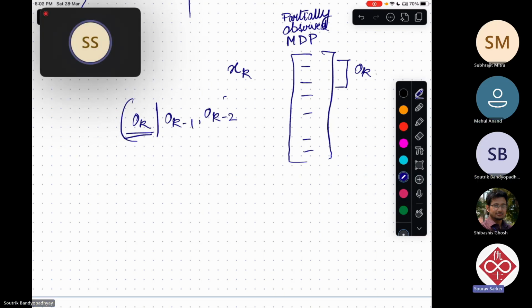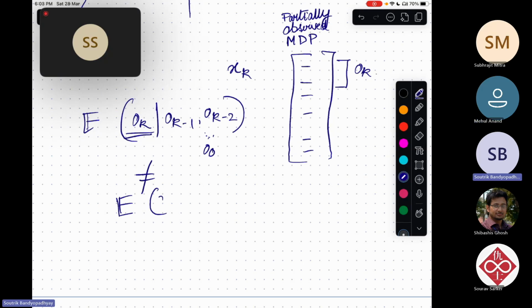The expectation here, so let's say this is up to O of 0, may not be equal to the expectation of the next given O K minus 1. So the observation may not be Markov, but the full state X is Markov.